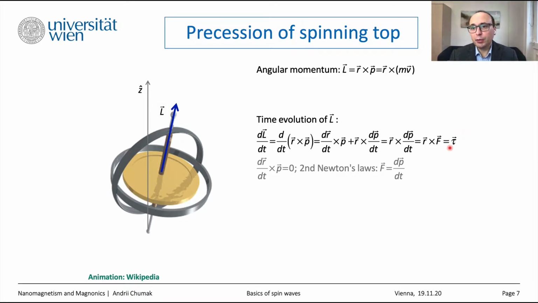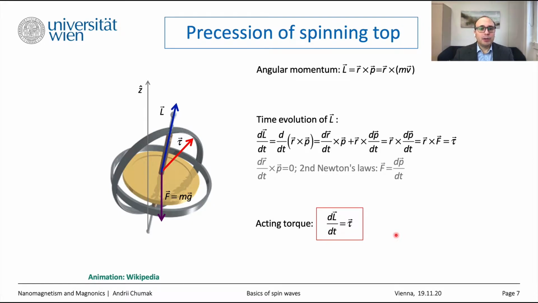So we have got a very simple equation: the variation in the angular momentum in time is equal to torque. What does it mean physically? Imagine you have a spinning top, and it's not ideally vertical, but there is already some angle.